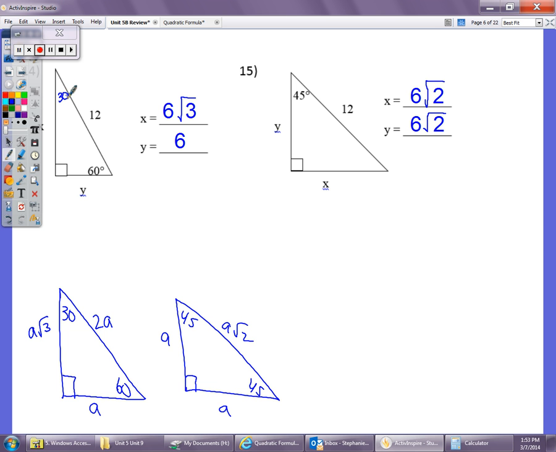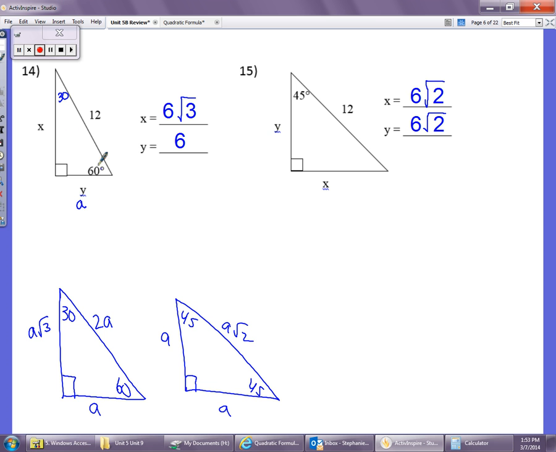So if this is 30, across from 30 is a, across from 60 is a radical 3, and across from the box is 2a. So if 12 is 2a, that means a equals 6. Which means y is going to be 6. And then I'm just going to take this 6 and put it with radical 3, meaning that x is going to be 6 radical 3.